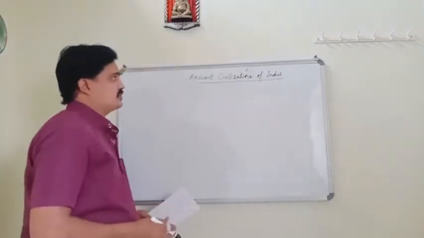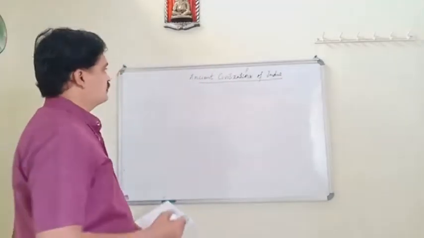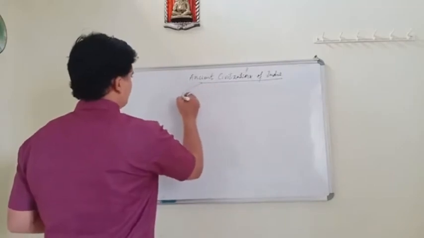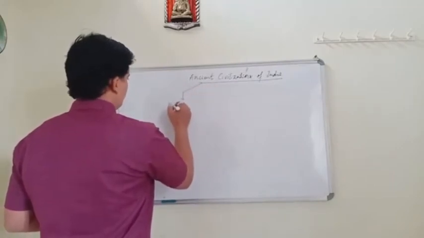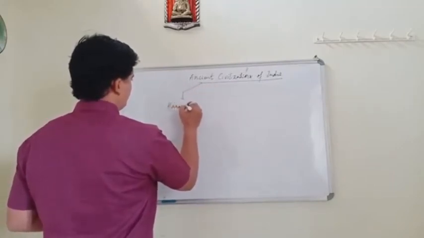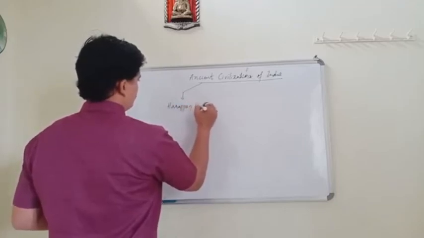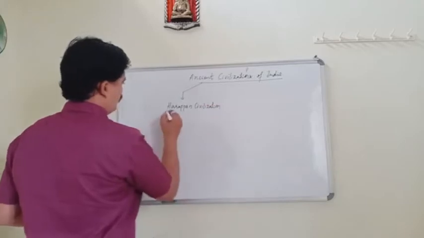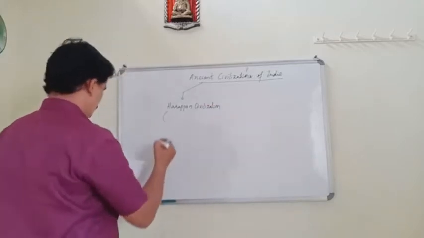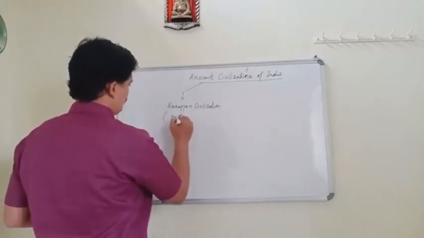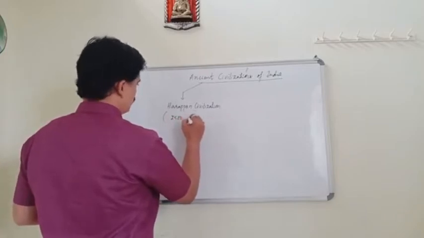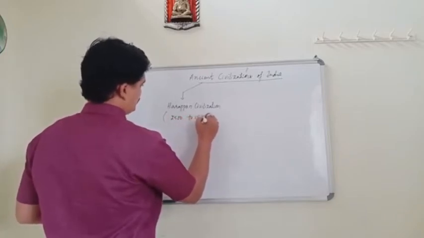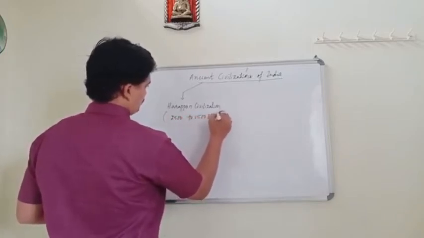In these ancient civilizations of India, we are going to learn the Harappan civilization. The period of the Harappan civilization was 2500 BCE to 1500 BCE.